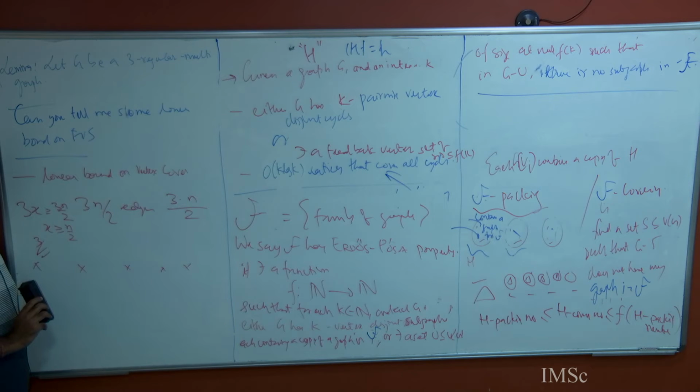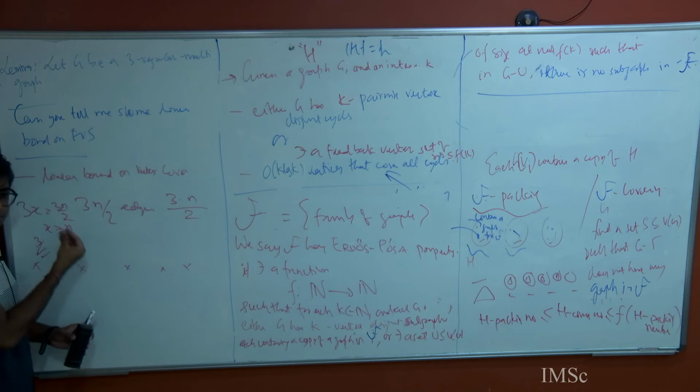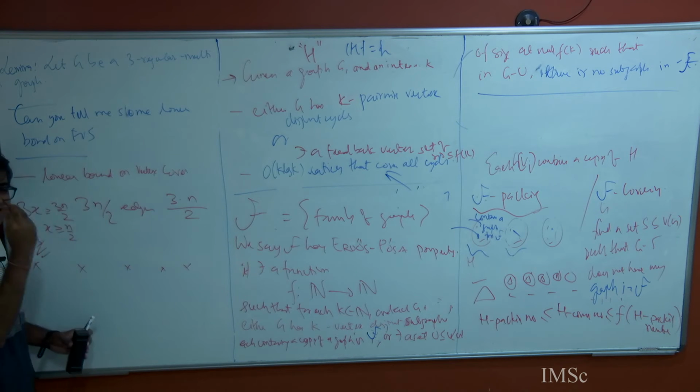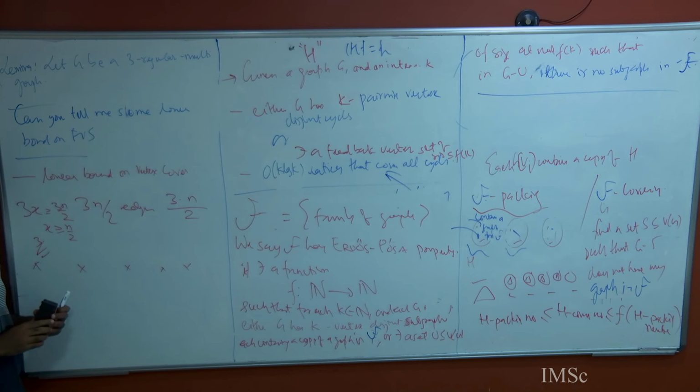I am saying, can I prove similar kinds of things for feedback vertex set? When I say lower bound, I mean a lower bound of this nature: any feedback vertex set on this graph must contain at least these many vertices.